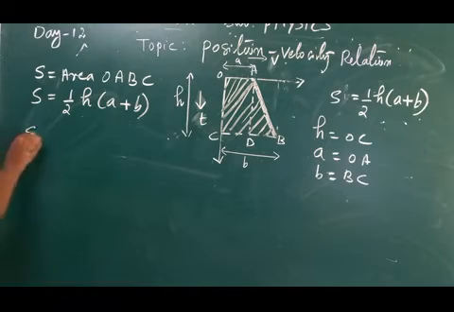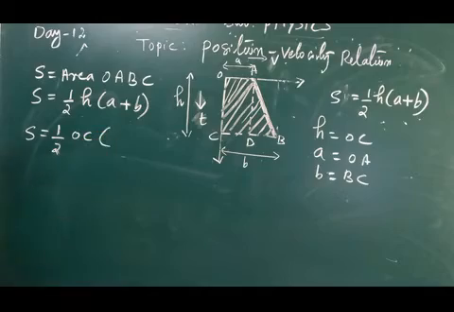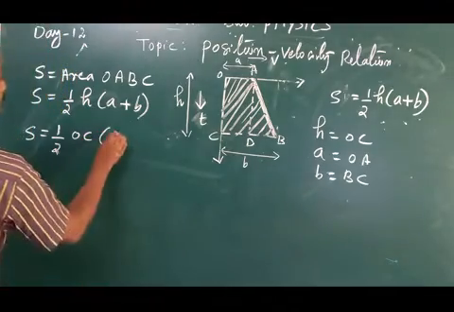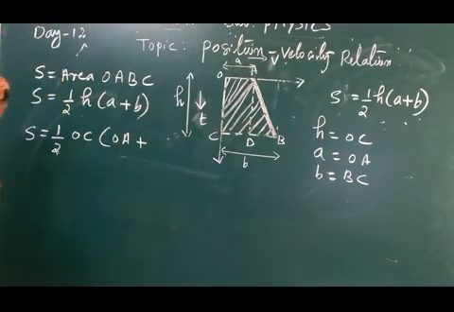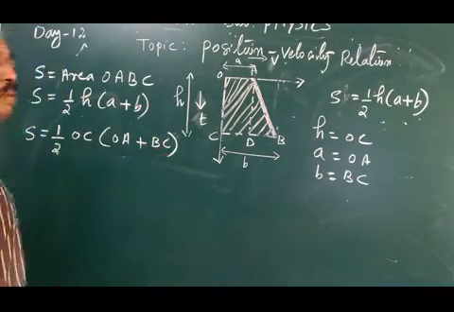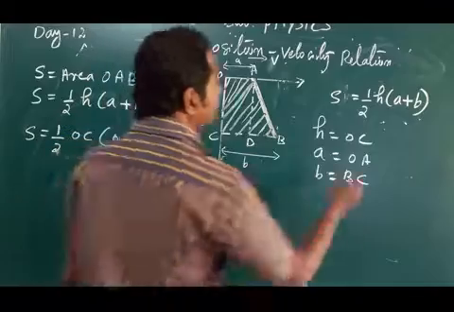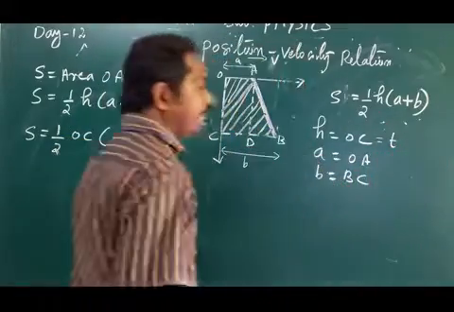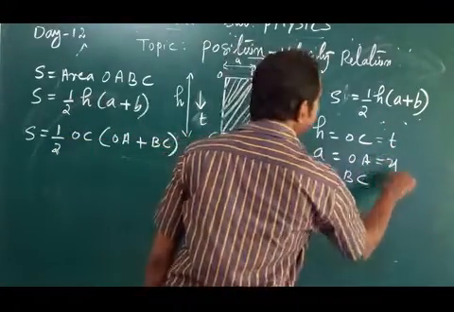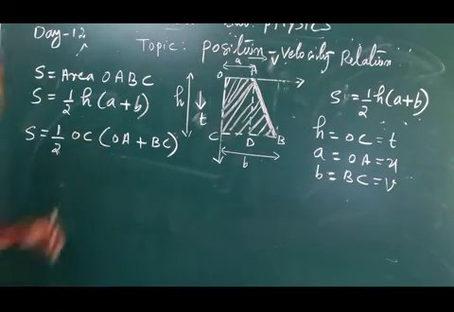S equals half. What is h here? OC. OC into a, what will it be? OA. Plus b, what will it be? BC. These symbols we already wrote for the previous equations. OC is time only, OA is initial velocity only, and BC is the final velocity. That we are substituting.